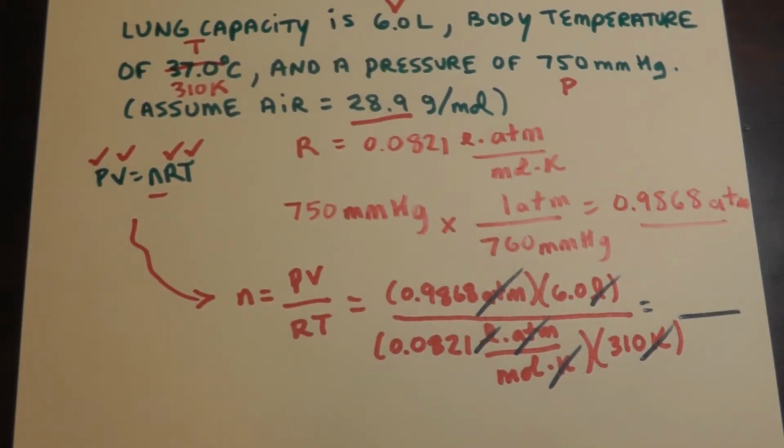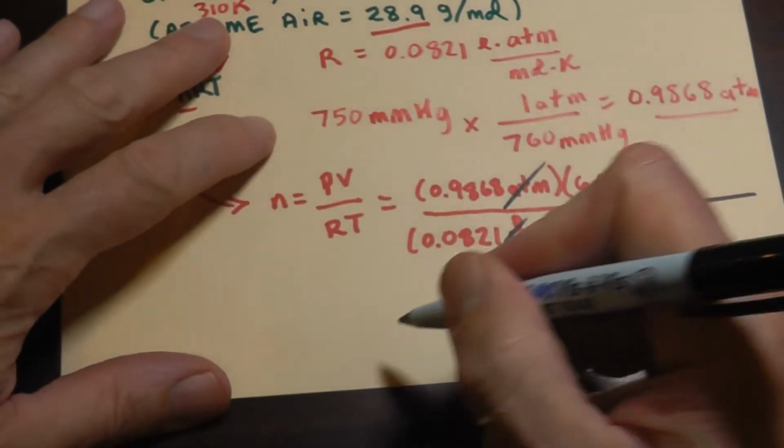So the answer here, actually it's not the answer yet now, is it? We're 1 step away from the answer because they didn't ask about moles. 0.9868 times 6 divided by 0.0821, and then divide that by 310 is 0.2326 moles.